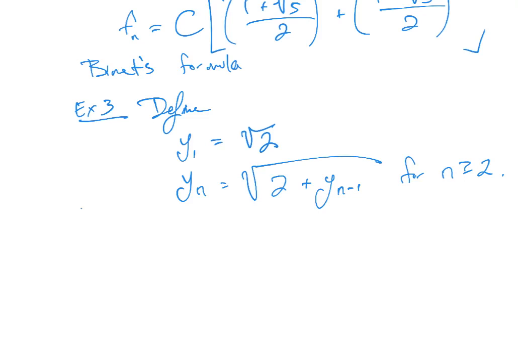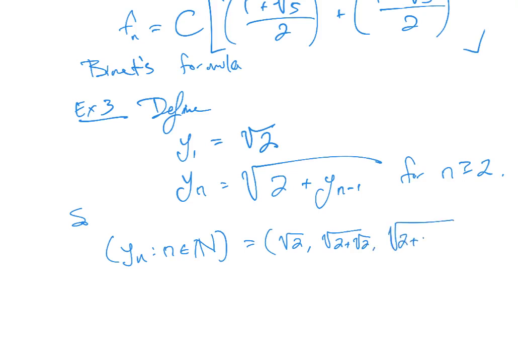Okay. Wow, so what would the sequence be? Square root 2, square root 2 plus square root 2, square root of 2 plus square root of 2 plus square root of 2, and so on.